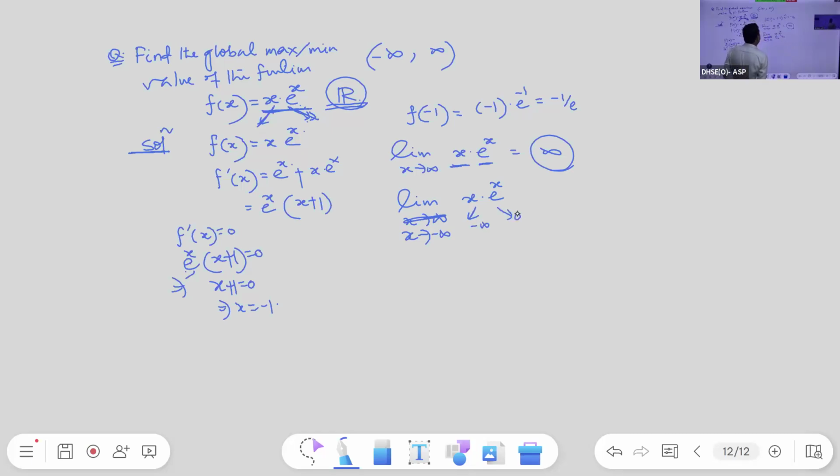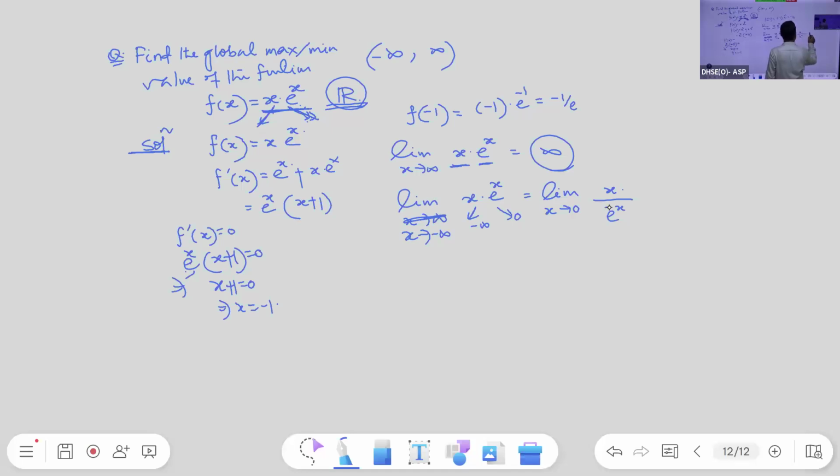So this limit takes the indeterminate form infinity into 0. This is equal to the limit as x extends to minus infinity of x upon e power minus x.